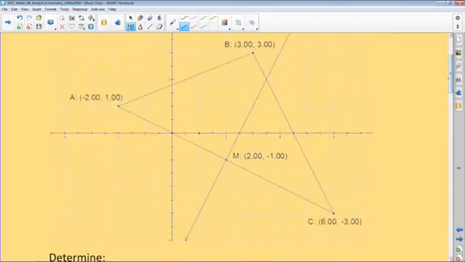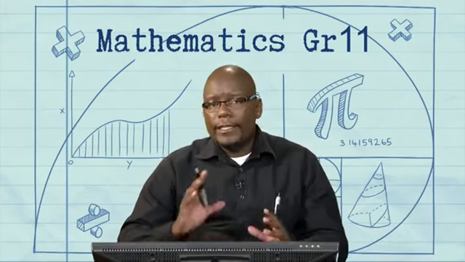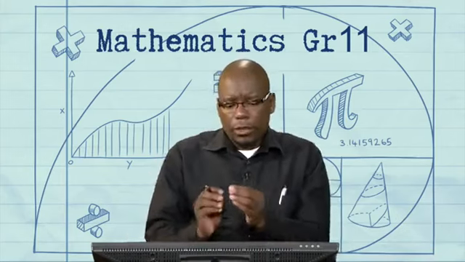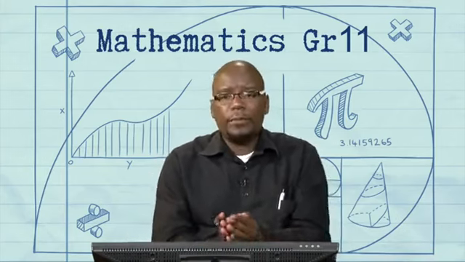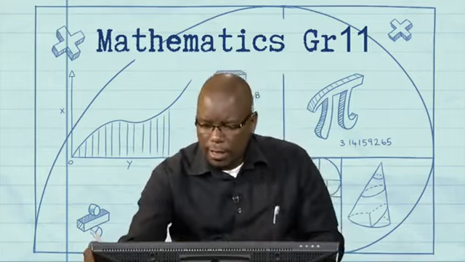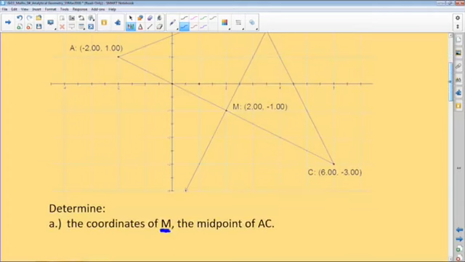It's very wise to go to the picture itself and roughly check where that point is. So if we look, this is point M.